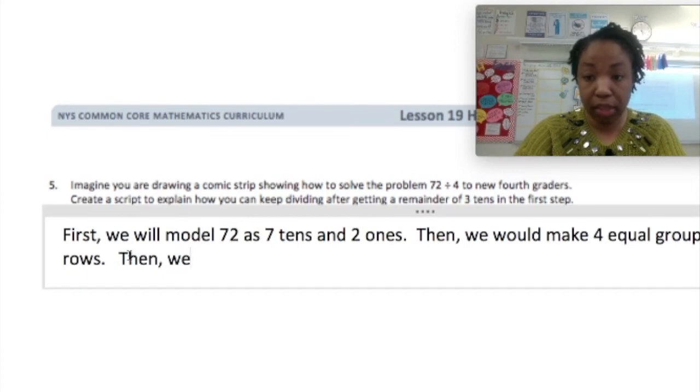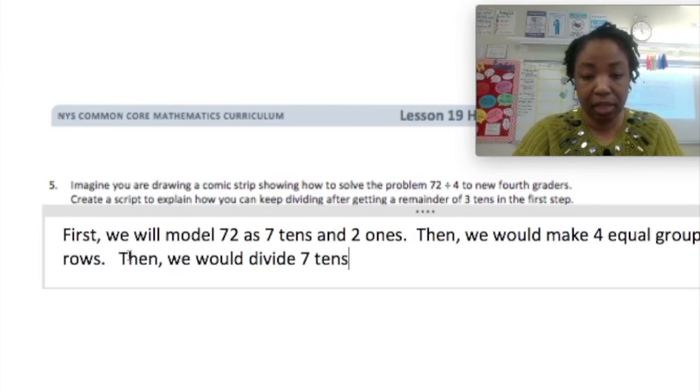Then we would start in the tens, right? We would divide 7 tens by 4, so we count by 4s. We can only do that one time, right?